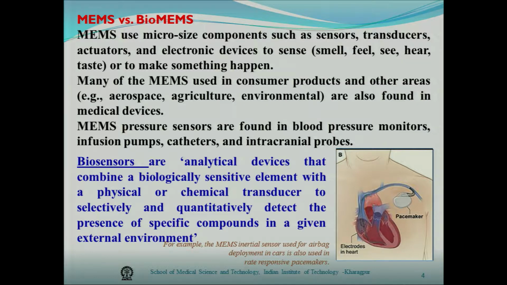Several devices you can have, say for the environmental. Here different gas sensors are now available, CO2 sensors, oxygen sensors, or other different gas sensors.